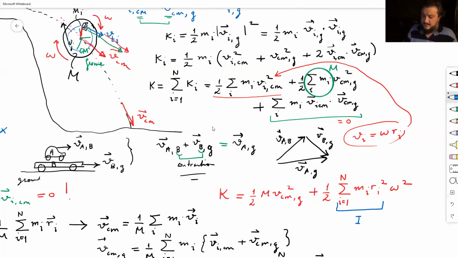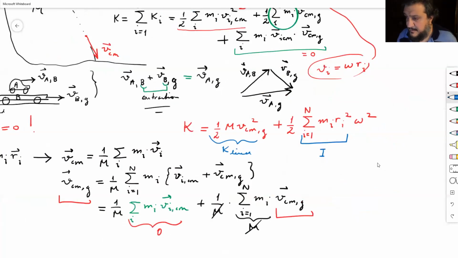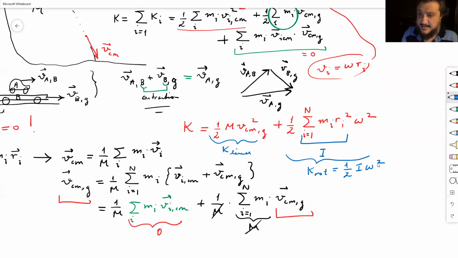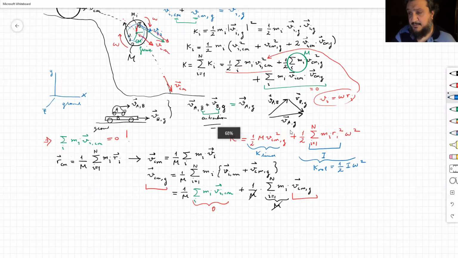It's the sum of the linear term, I'm going to call this kinetic energy linear, and then we have the rotational, which is 1/2 I omega squared. Just add these, and then you'll get the total kinetic energy. And that holds true for any shape, okay? It doesn't have to be a regular sphere or rotating disk or anything. It applies to any object.